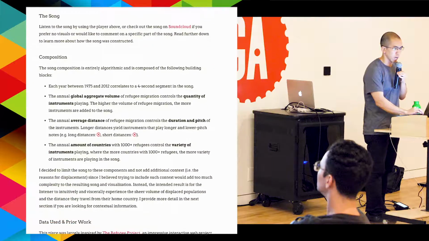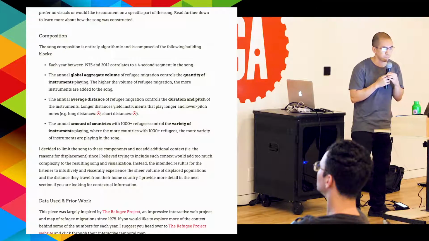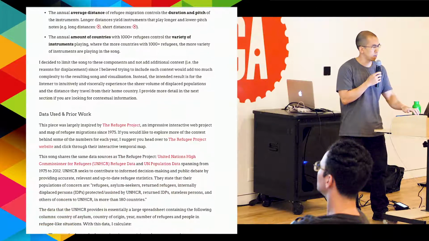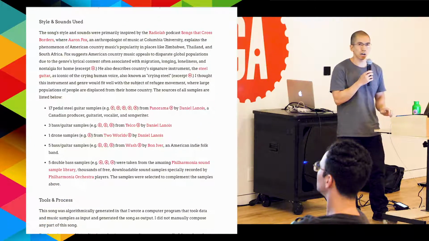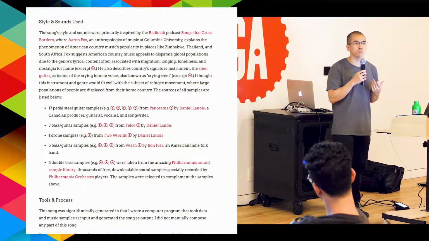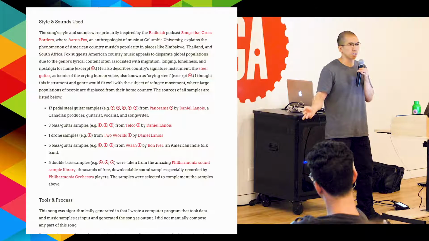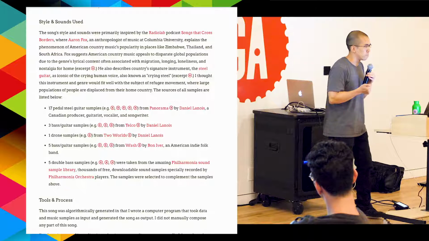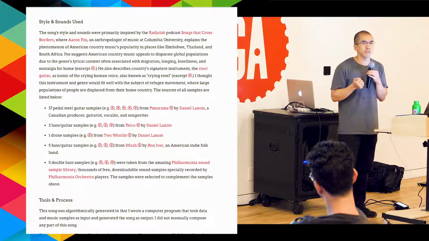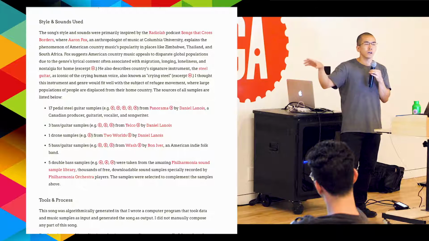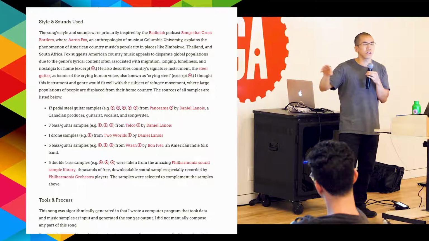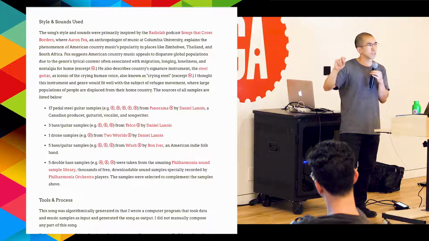A couple of things about the aesthetic choices here. I decided to sample from the genre of American country music, so the steel guitar is very prominent in this song. There's a very interesting phenomenon that in other countries, in Asia and Africa, even ones that aren't English speaking, American country music is very popular.